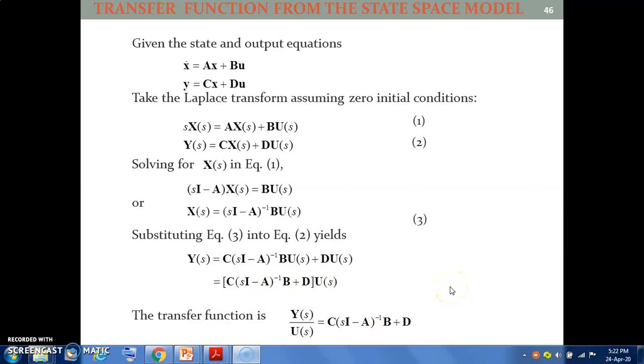If you know the matrices A, B, C, D, we can find the transfer function for the given state model. Next we will see how to find it with one example.